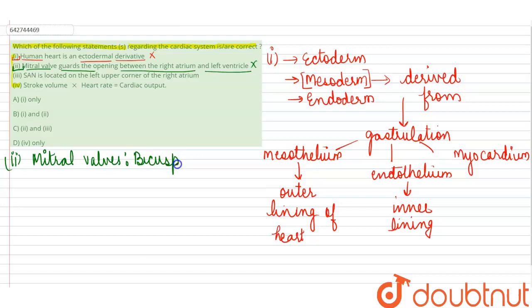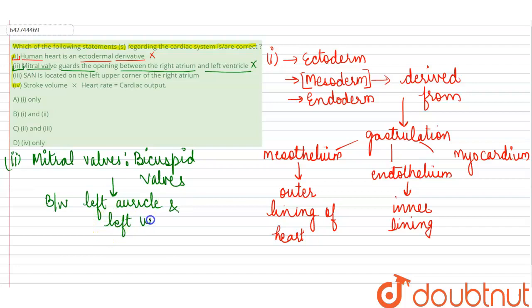These valves are present between the left auricle and the left ventricle. But here it was mentioned that it is present between the right atrium and left ventricle, so this is incorrect. It is present between the left atrium and left ventricle only.